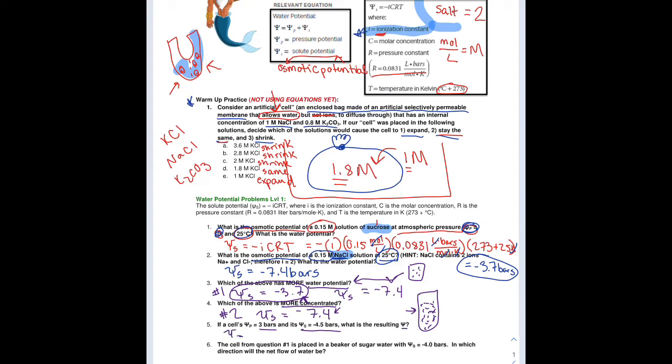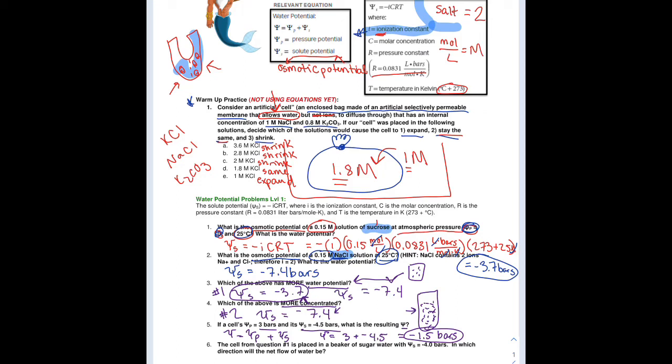Well, using the formula, plugging those in, it equals 3 plus negative 4.5. So it gives you negative 1.5, and your unit is bars. Okay, that's just plugging in the equation.